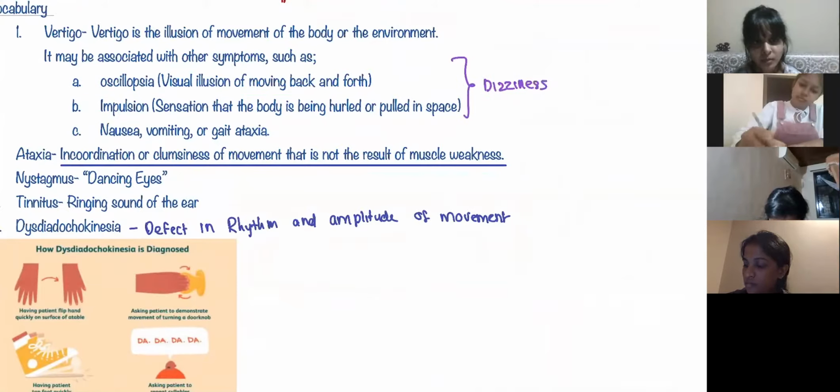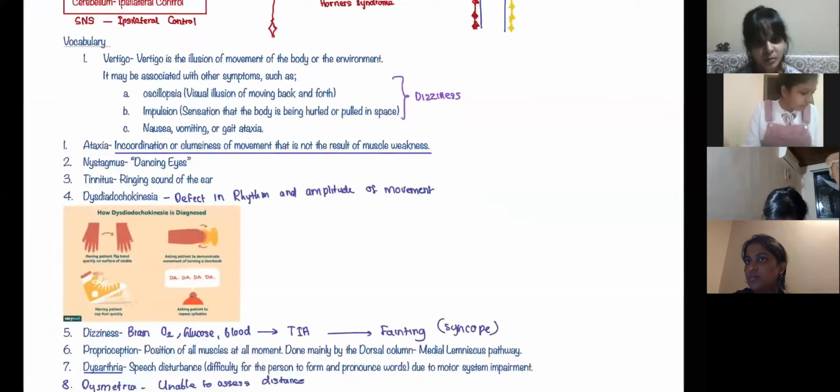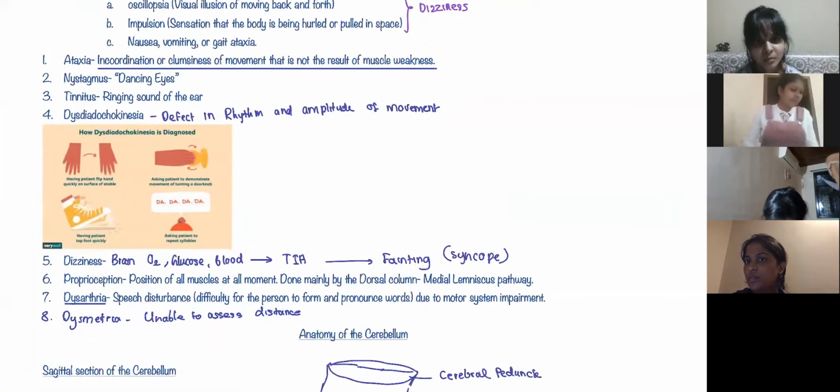Okay, and I know for a fact almost everyone has had this impulsion, like while you're sleeping you usually get this kind of symptom. It's not a disease process, it's normal, but this is something that happens while you sleep. You suddenly kick out, you feel like something is pulling you and you feel that.